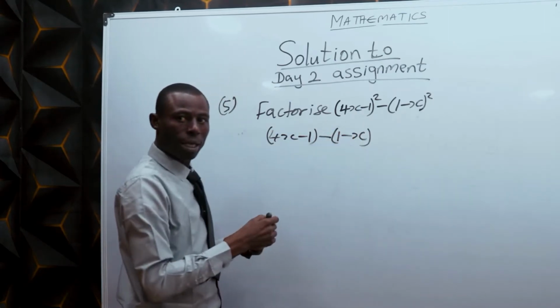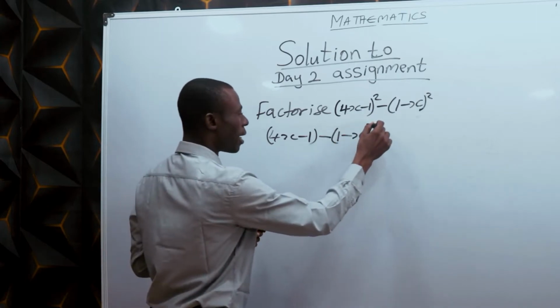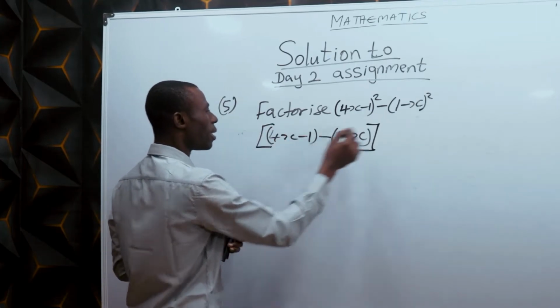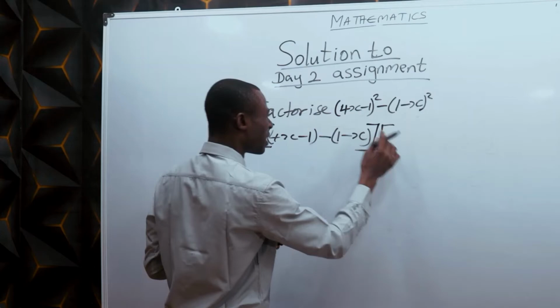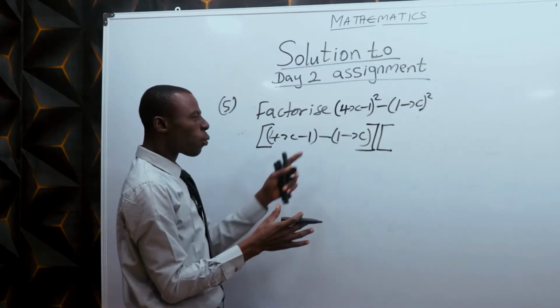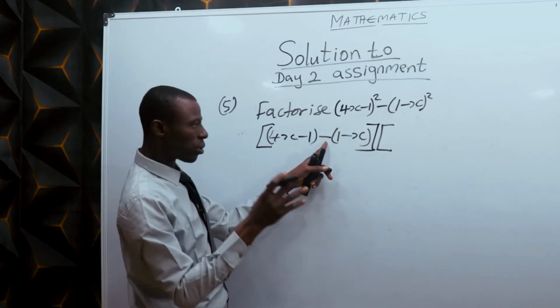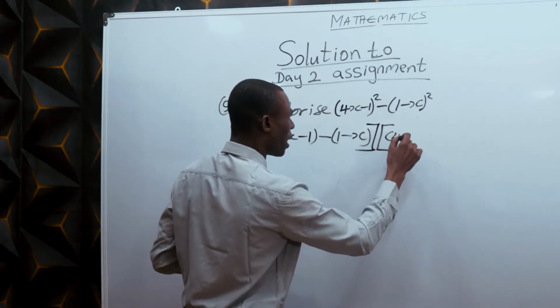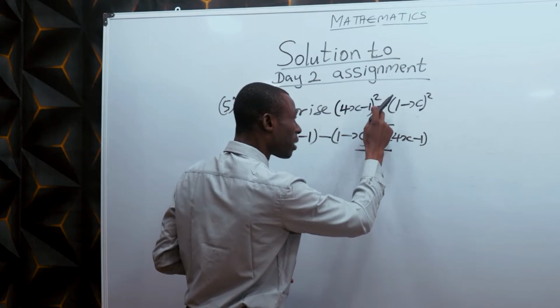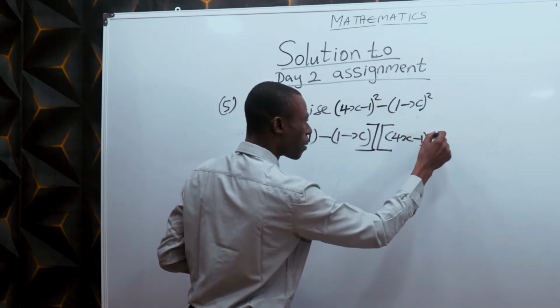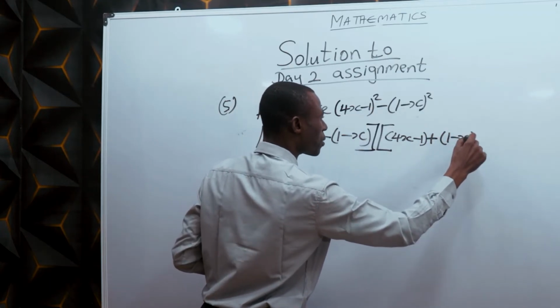Now we introduce our larger bracket. Introduce another larger bracket. Repeat the same thing with the linking sign between the two terms changing to positive. So we have 4x minus 1, and this linking sign will now be plus, 1 minus x.